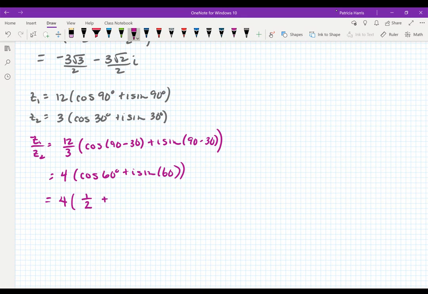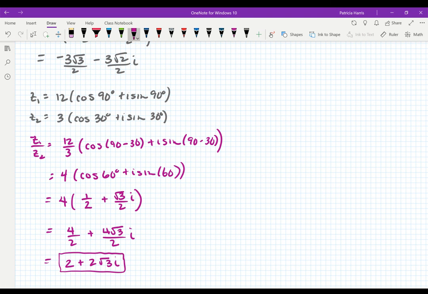Sine of 60 degrees is radical 3 over 2 I. Don't forget the I. And now we're going to distribute our 4. And now we're going to simplify. And there's your answer.